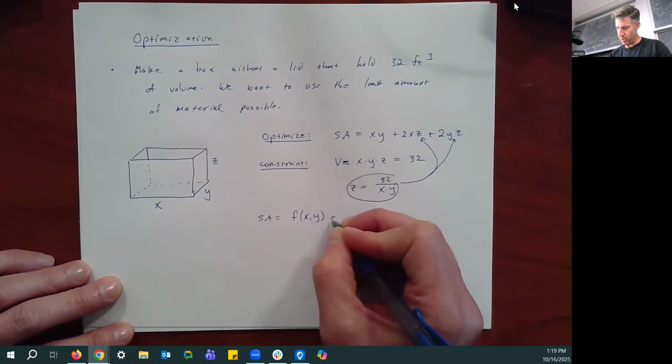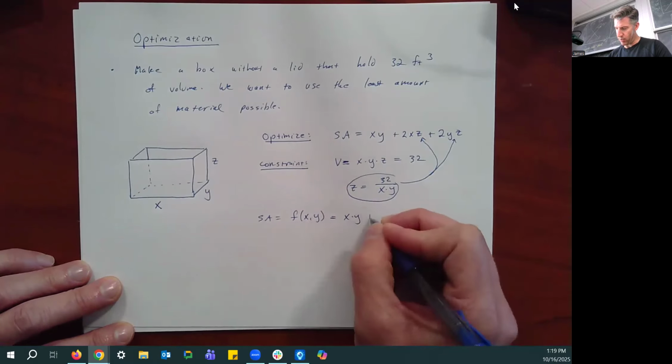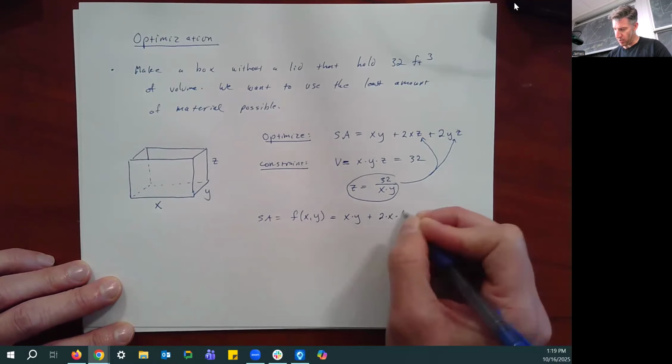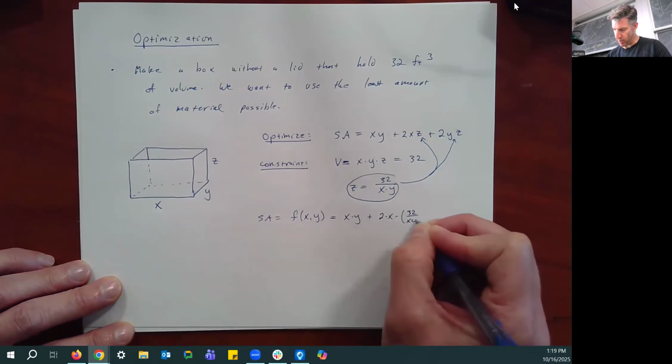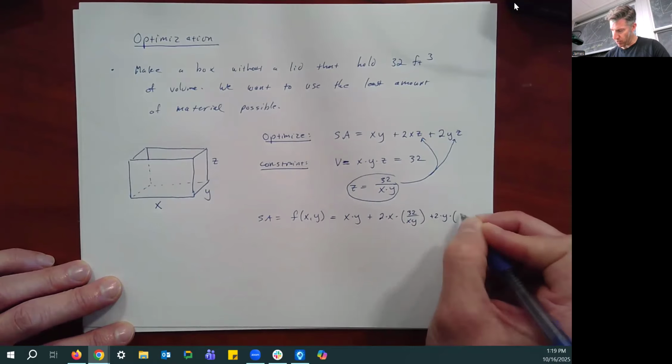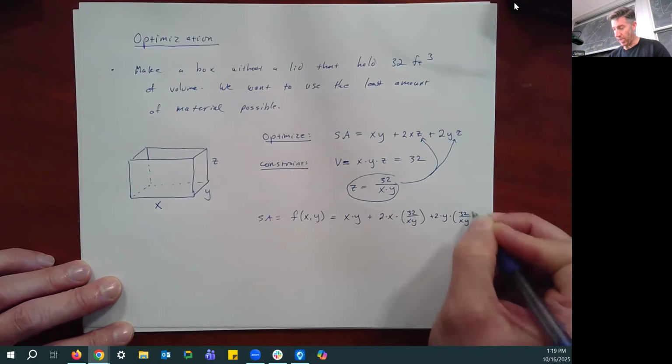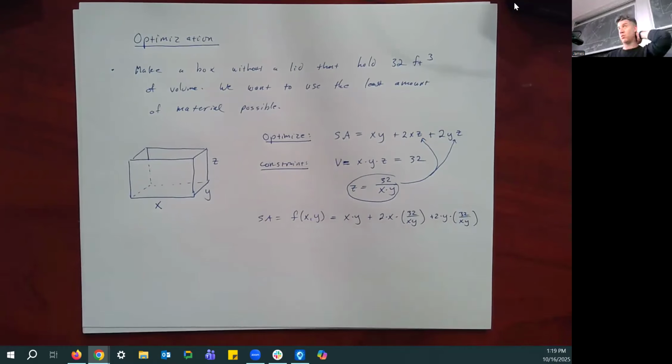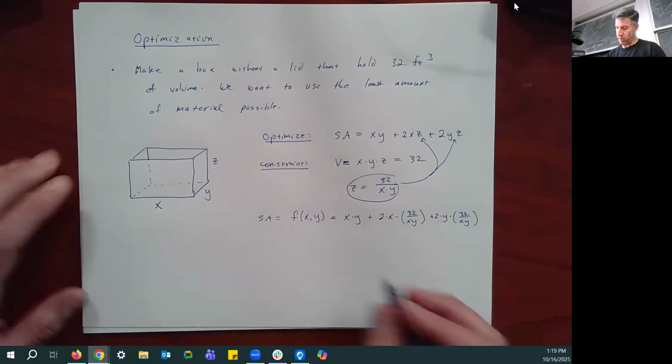And it's going to be X times Y plus 2 times X times 32 over X times Y plus 2 times Y times 32 over X times Y. And it is definitely in your interest to simplify this equation before you start taking partial derivatives. So we're going to make this much easier to deal with.